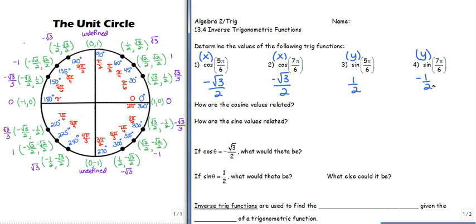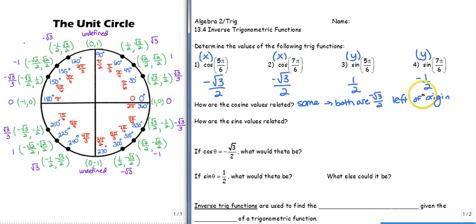How are the cosine values related? Well, we see here that they are the same. Both cosine values are a negative root 3 over 2. That means that they have both moved a negative root 3 over 2 left of the origin. Now let's look at how the sine values are related.